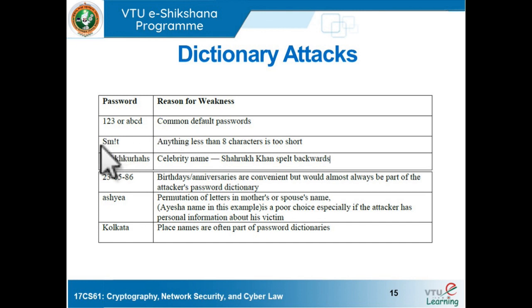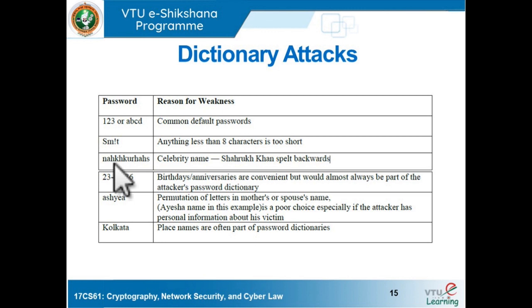Over here Smith is the password. Instead of having I, an exclamatory symbol is used: SM! T. Anything less than 8 characters, we assume that the password is too small and too weak.